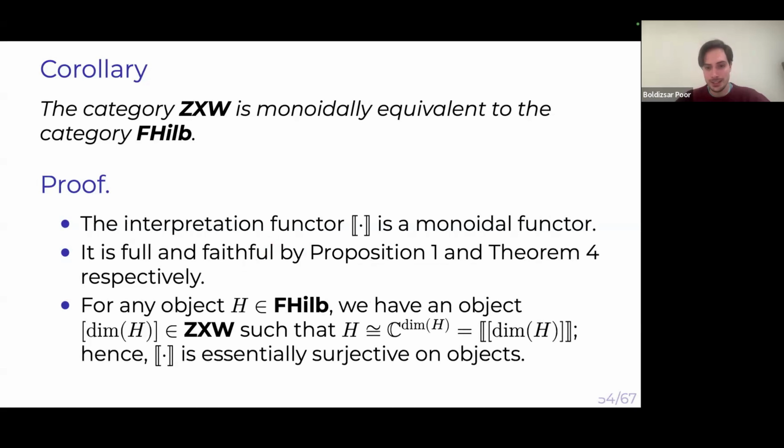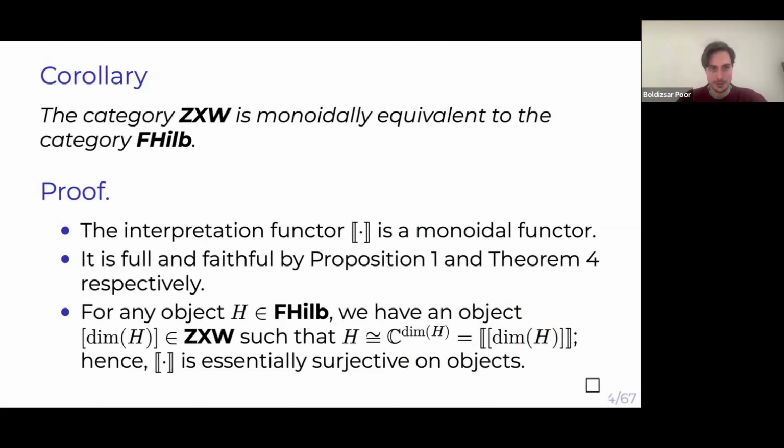And then it is essentially surjective, because for any finite dimensional Hilbert space H, we have an object in the category of ZXW calculus such that H is equivalent to C to the power of d, which is the interpretation of this object. So this is why the interpretation functor is essentially surjective. So with this, we have shown what we needed to show. So ZXW is monoidally equivalent to the finite dimensional Hilbert spaces.